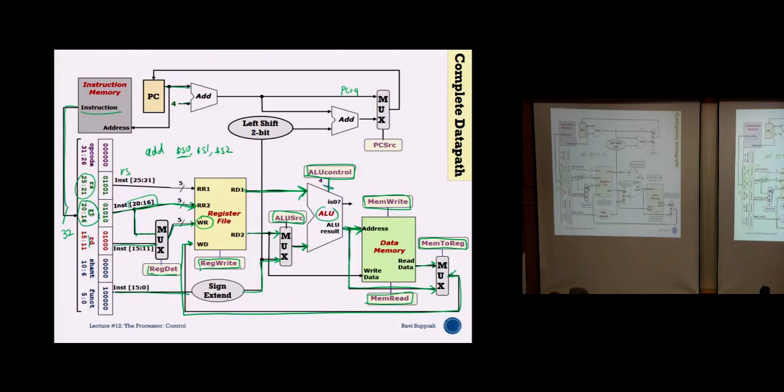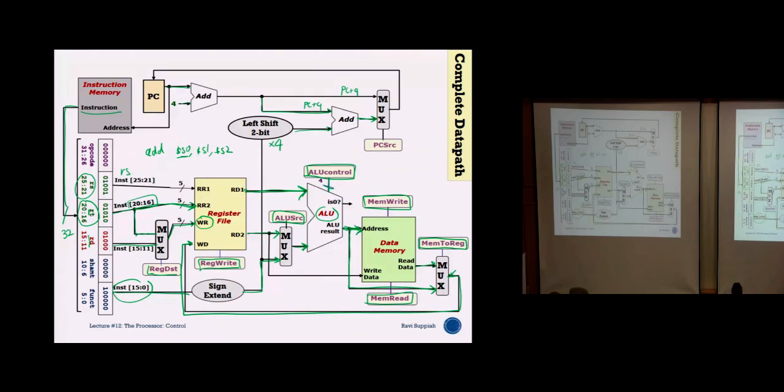So I need to take the lower 16 bits, do the sign extension, left shift by 2 bits, right? Because this is the number of lines, correct? So this left shift by 2 is to multiply by 4, so I know the actual number of bytes to offset. So I need to take this together with my PC plus 4 and provide a multiplexer, correct?